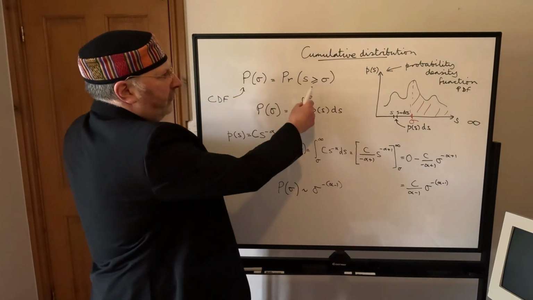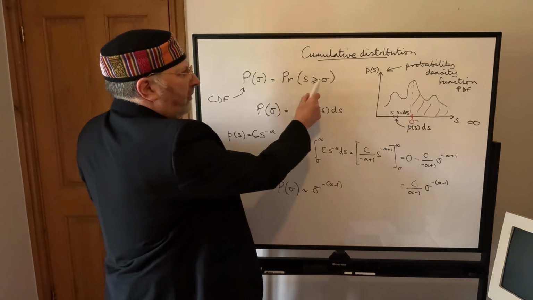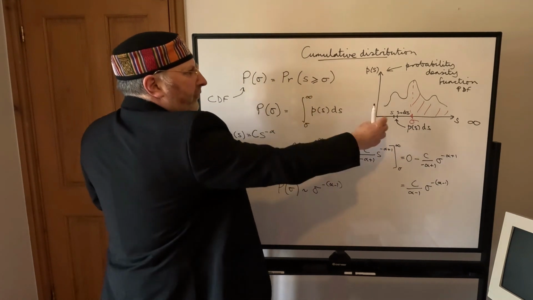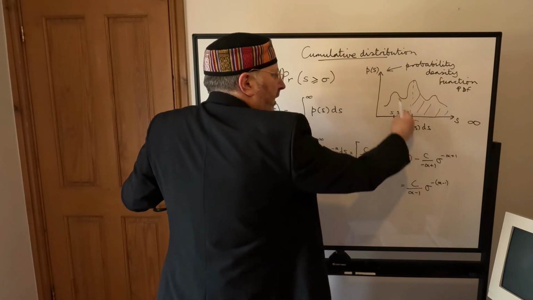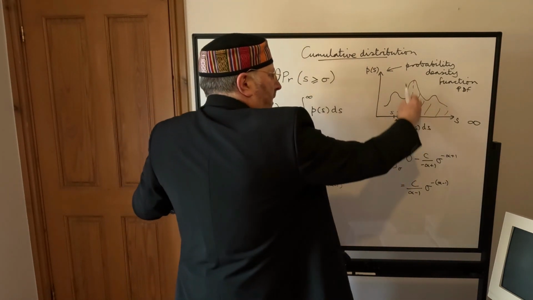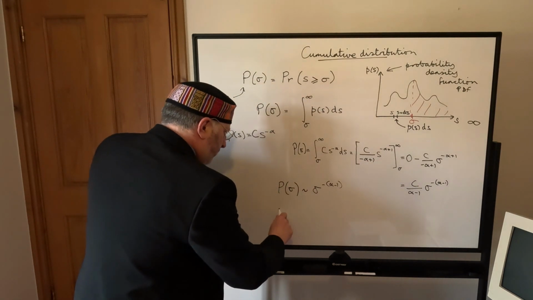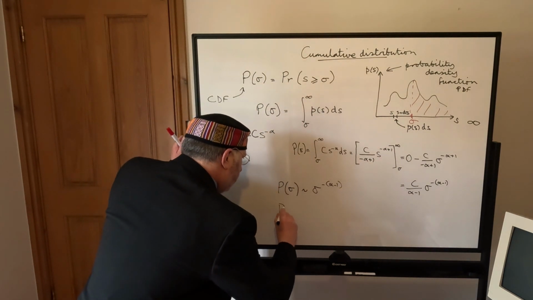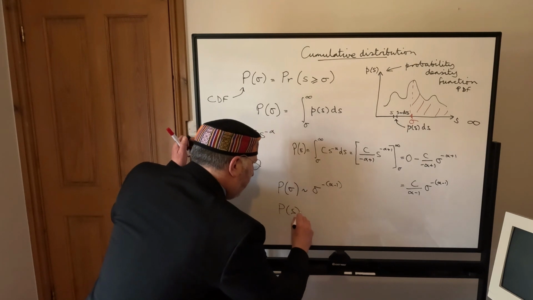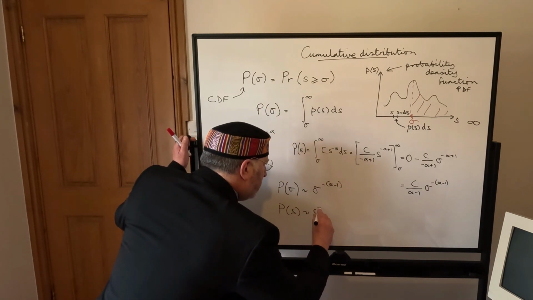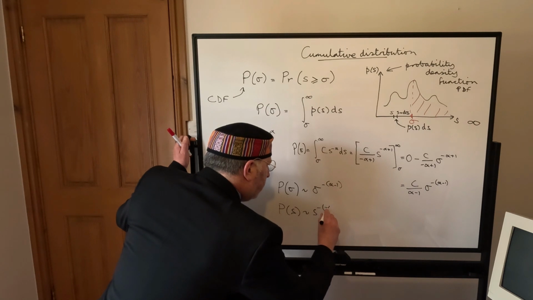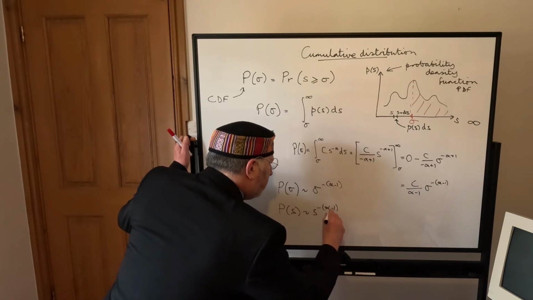And we use sigma so that we don't get confused between this size that's varying and the given size that we're measuring the cumulative probability at. But we could just write that, now instead of sigma, as P of S is proportional to S to the minus alpha minus 1.